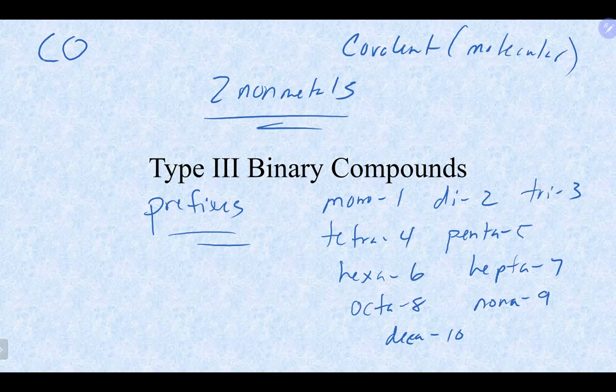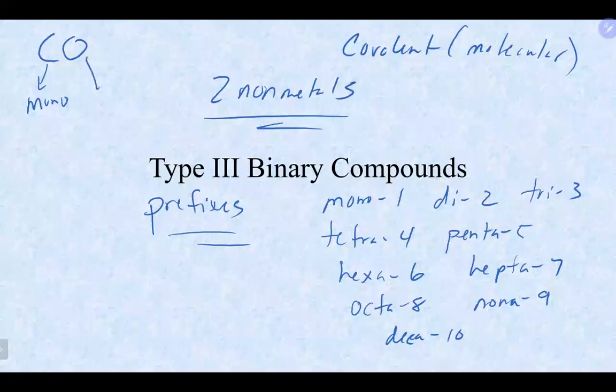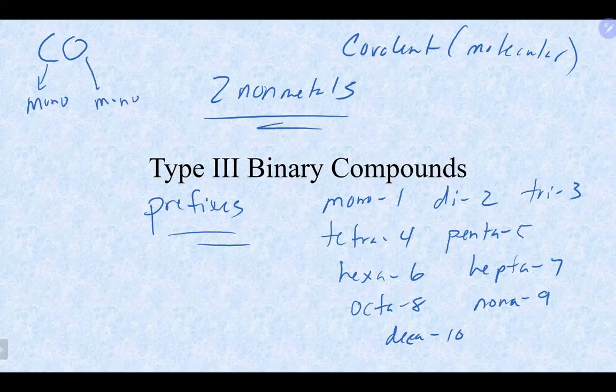So really the prefix here would be mono, since there's just one, and the mono for this guy as well. Because we don't use mono on the first name, we basically just use the whole name of the element, which would be carbon. Normally we would use the prefix and the whole name of the first element.